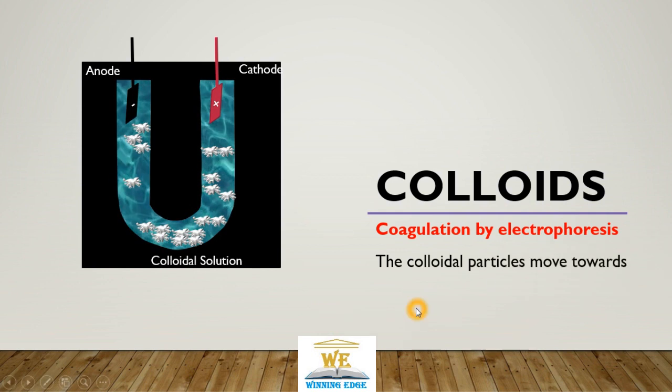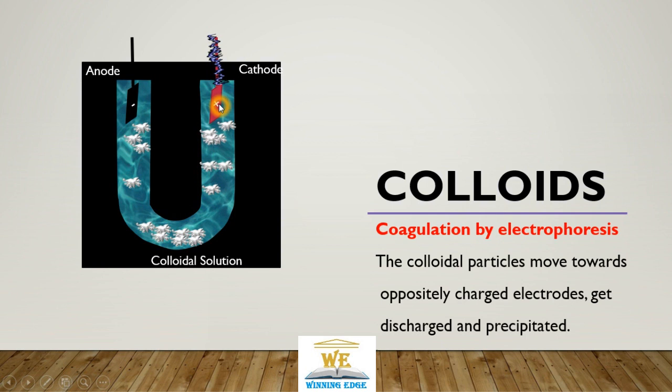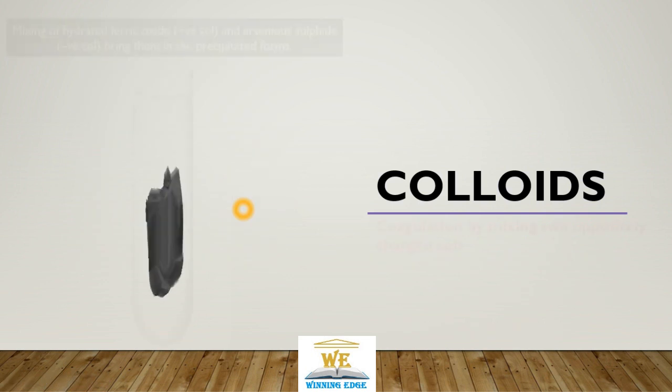Coagulation by electrophoresis, which we just discussed. Colloidal particles move toward the oppositely charged electrodes and get precipitated. When they move here, they get neutralized and have no charge now, so they adhere to each other and get precipitated.